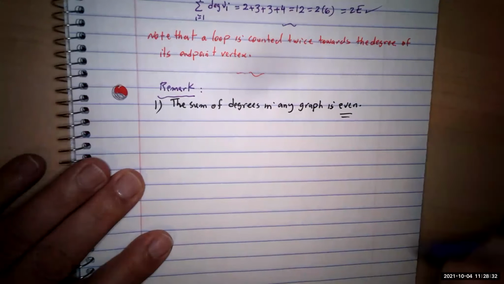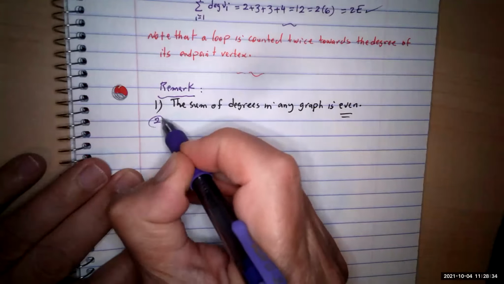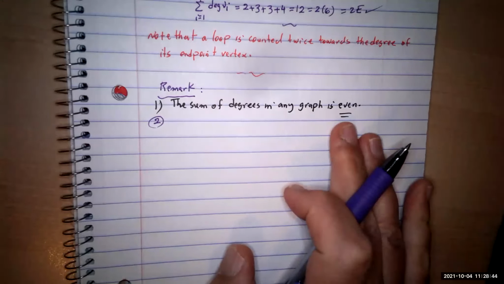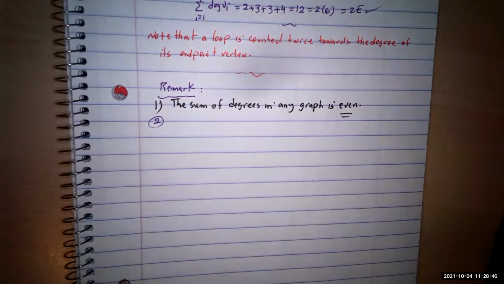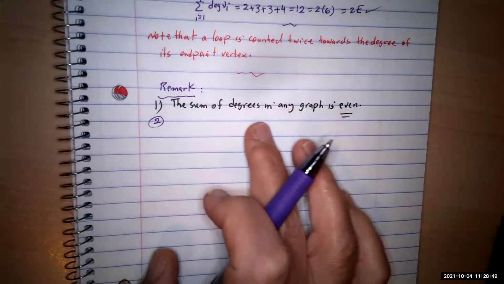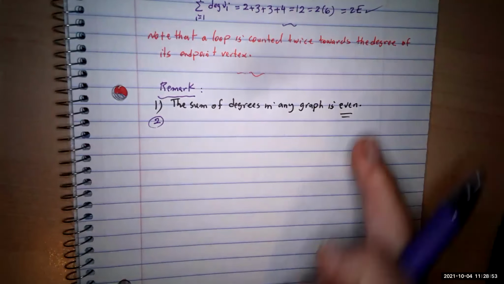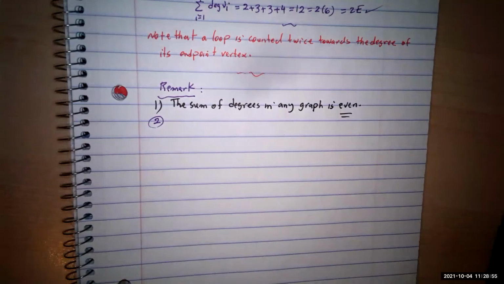The other one is more interesting. When we get these degrees, some of them are even numbers, some of them are odd numbers. The even ones cancel out, if you like. So the odd numbers, if you add them together, must also give an even sum.